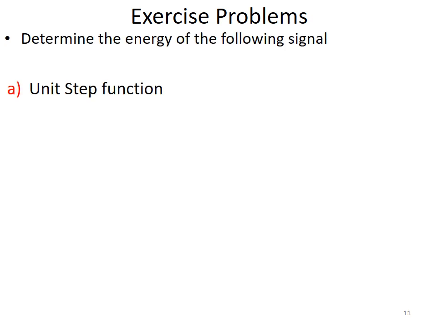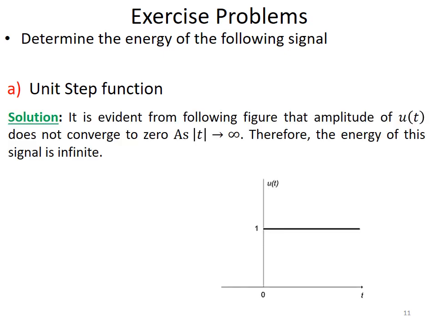The first is finding the energy of the unit step function. The unit step function, you know, has amplitude 1 when time is from 0 to plus infinity, and amplitude 0 when time is between minus infinity and 0.